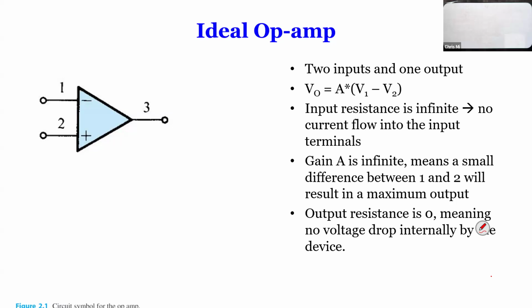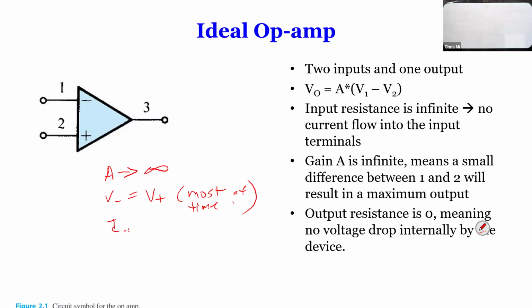So let's summarize a little bit here. A approaches infinity, and V minus equals V plus. Now this is in a circuit. You can certainly apply different voltages, but when they are inside the circuit, they are always the same.